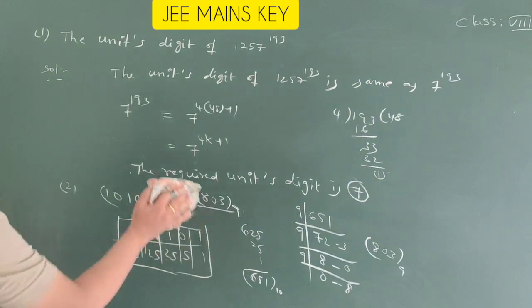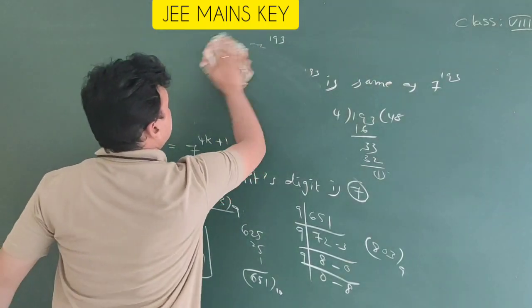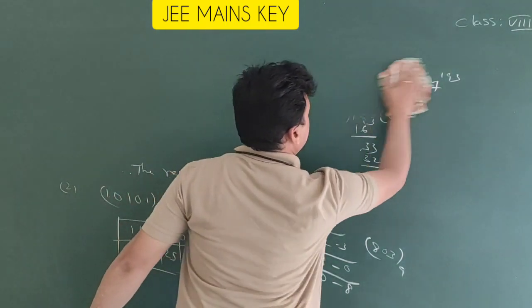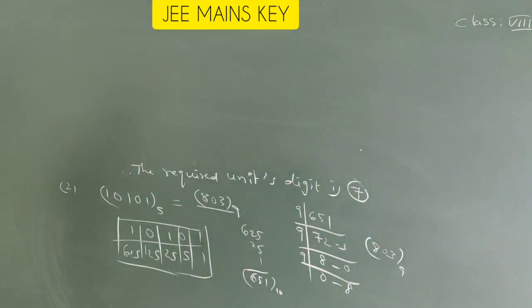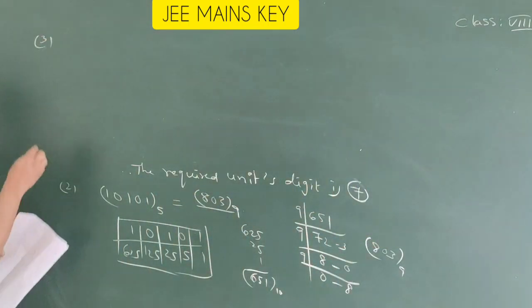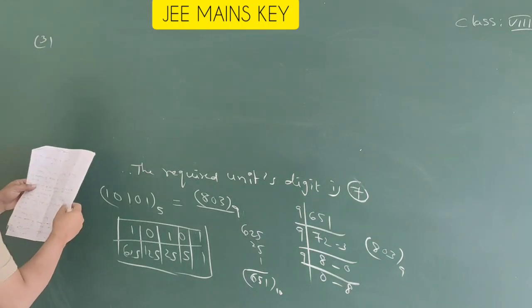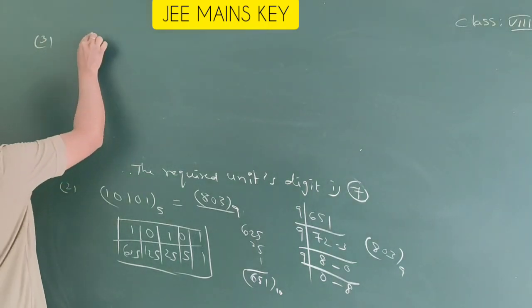Next, third one. The number of divisors of 496.